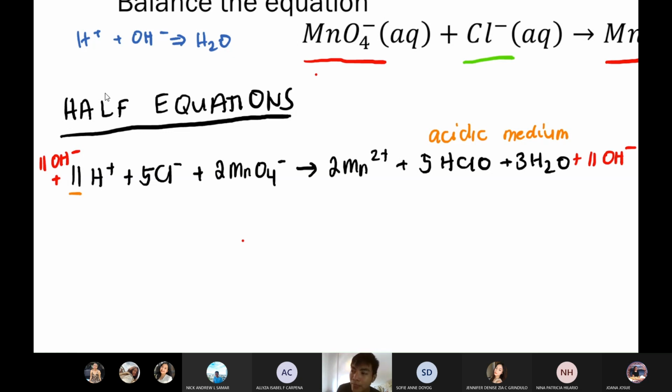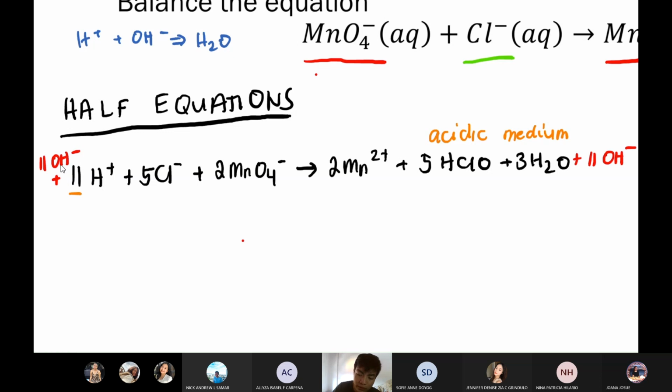Okay? Diba sa algebra, ganun din. Kung ano in-add mo sa left, ganun din yung add mo sa right. Diba? To make the equation balance. Ganun din dito. Okay? So, I add 11 OH dito. 11 OH doon. Bakit 11? Kasi 11 yung H plus ko.